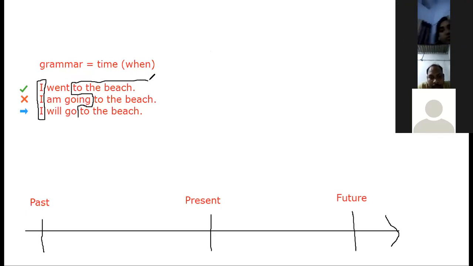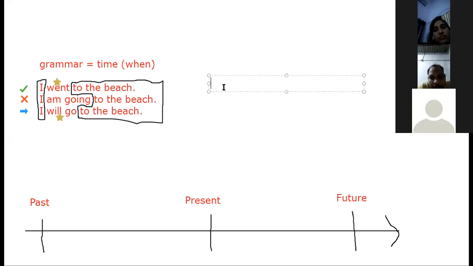The object of the sentence is also the same here. So the only thing that is different is the verb. The verb tells you when something is happening. So you must change the verb to signal time. Change the verb to say when, right?